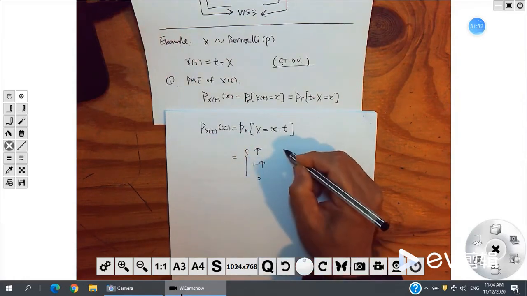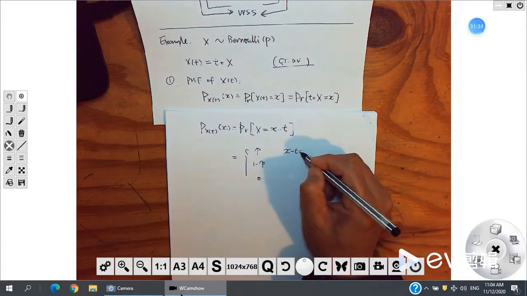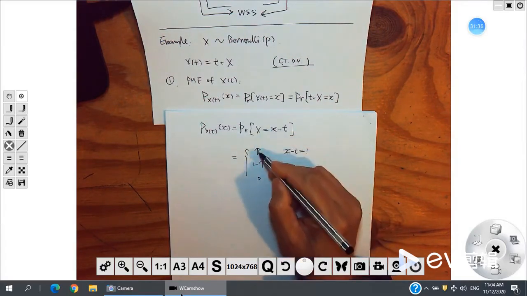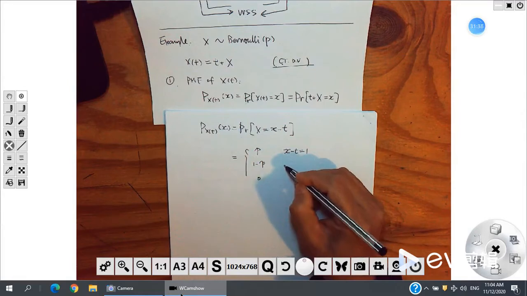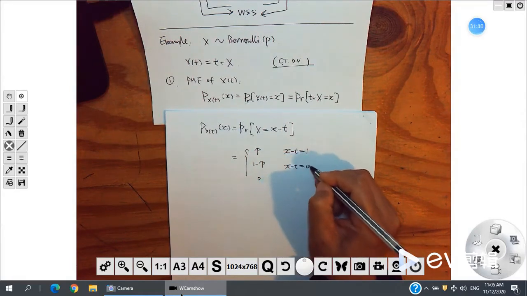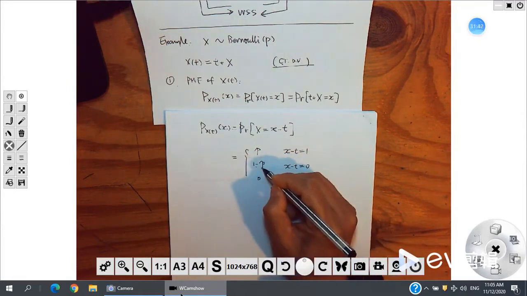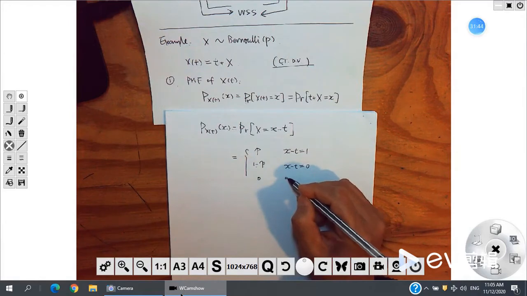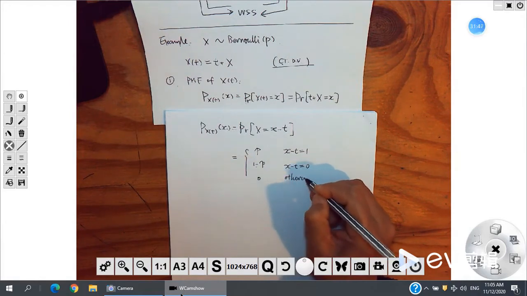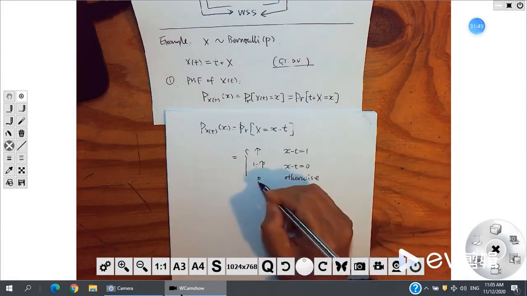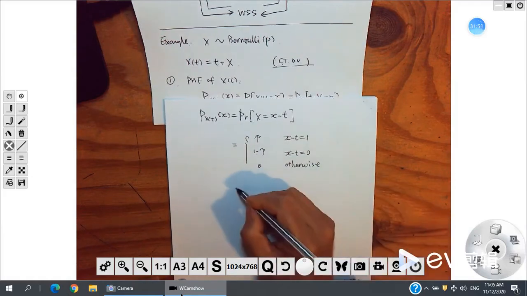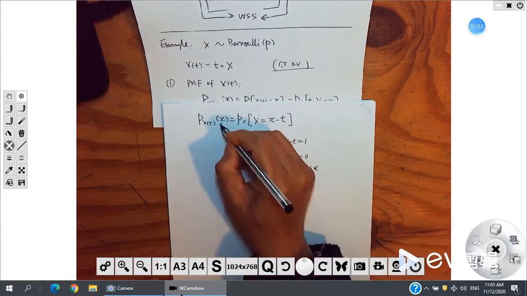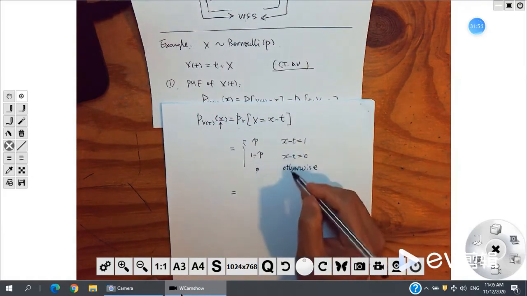This case is x minus t equal to 1, right? If this is 1, then the probability will be p. If this is 0, the probability will be 1 minus p. Otherwise, the probability is 0. Now the function is on x, so I need to write this in terms of x.